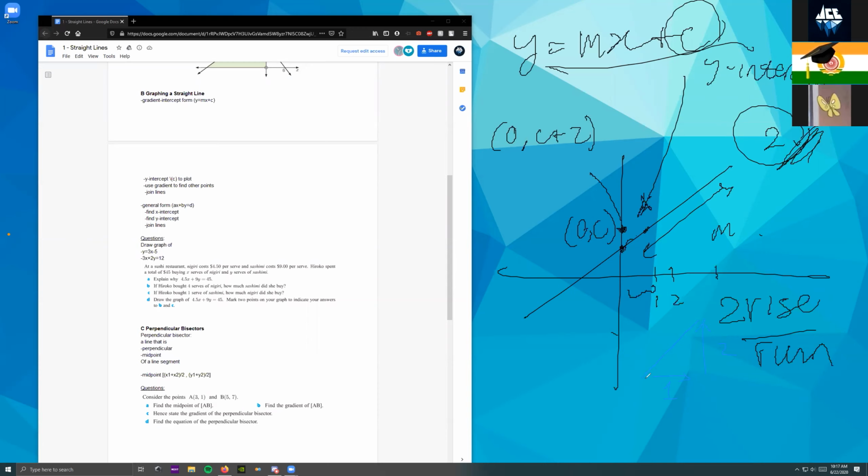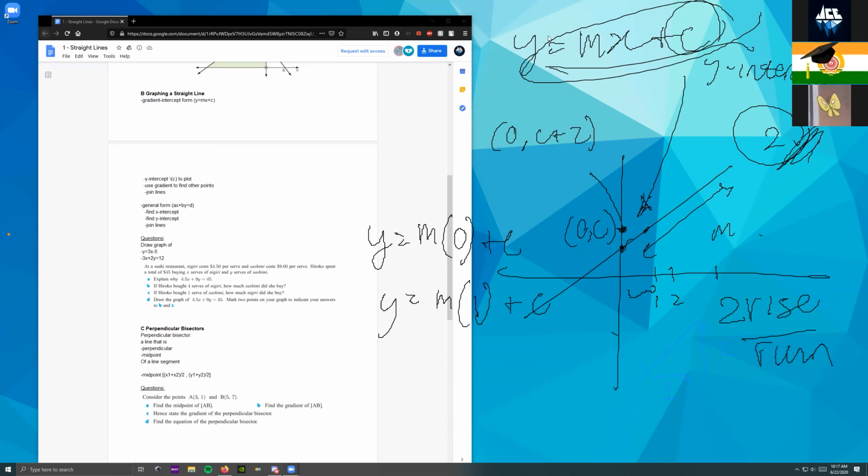But if you don't get what I'm saying, and you prefer to do it methodologically, you can always just insert numbers into this equation. For example, y equals m times 0 plus c to find y, and then you insert again y equals m times 1 plus c to find the next y.